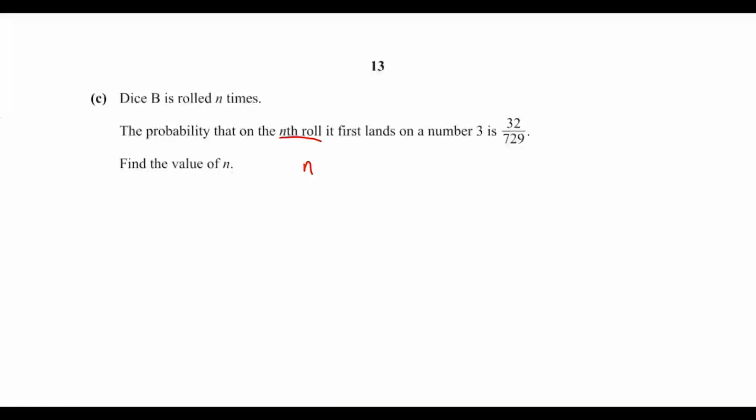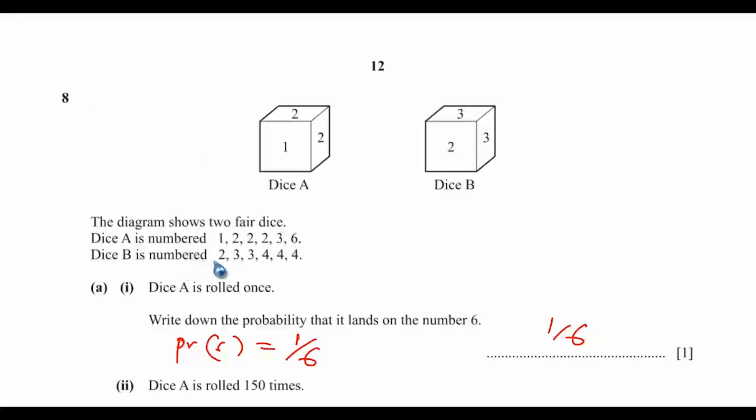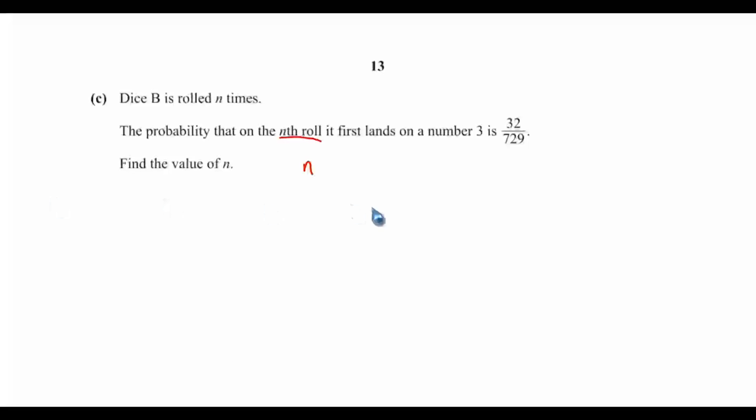Dice B is okay, we have 3 to be 2, and the total is 6. That will be 2 out of 6. Okay, so the probability that it lands on a 3 will be 2 out of 6, which is the same thing as 1 out of 3. So we have 1 out of 3 here.